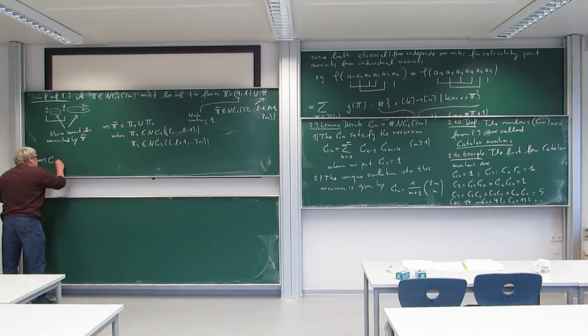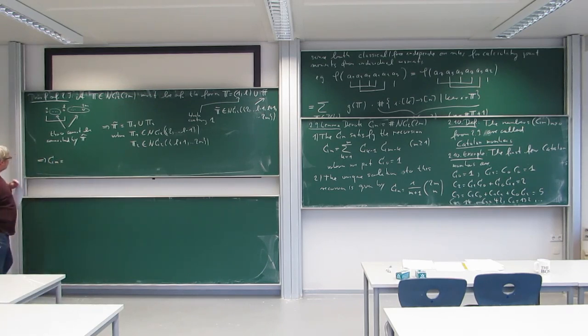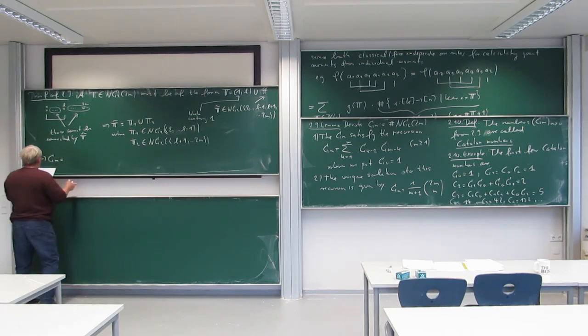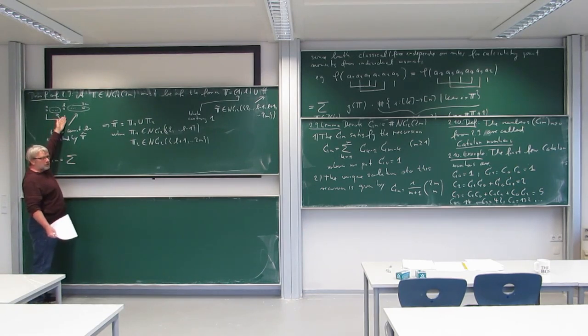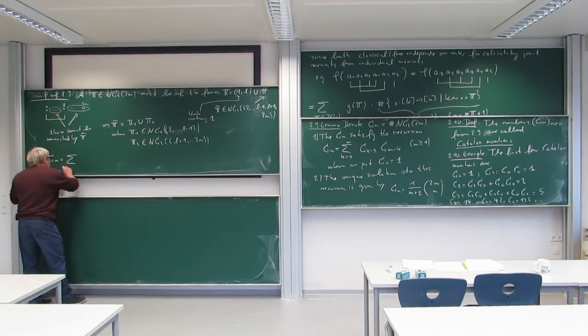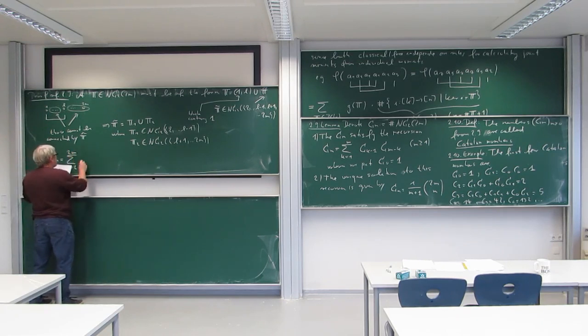my C_m, counting the number of non-crossing pairings of 2m elements, is now given by choosing the first block. For the first block, I can choose this L, so I'm summing over L from 2 up to 2m.